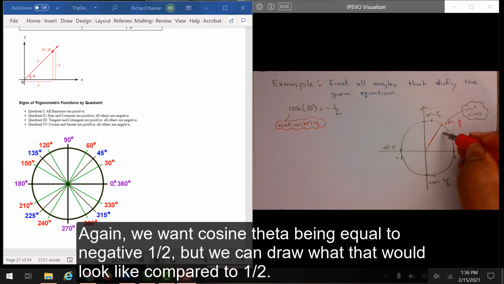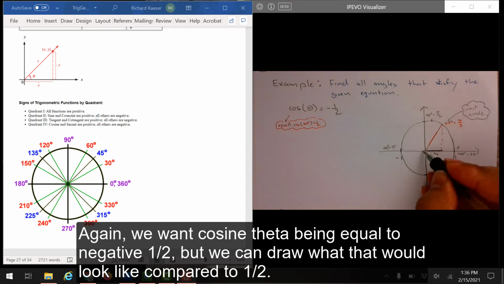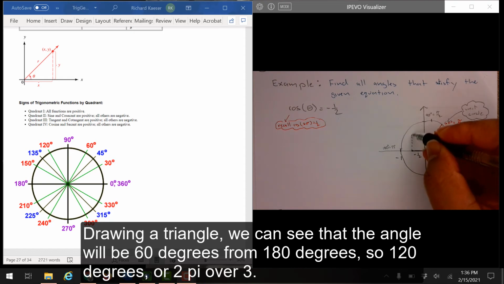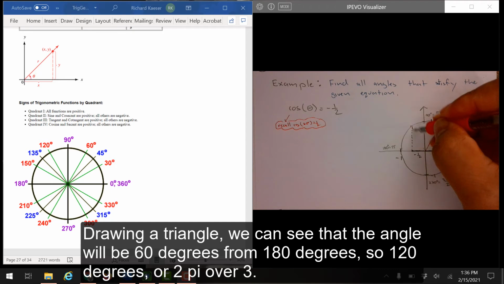Again, we want cosine theta being equal to negative 1/2, but we can draw what that would look like compared to 1/2. Drawing a triangle, we can see that the angle will be 60 degrees from 180 degrees, so 120 degrees, or 2 pi over 3.